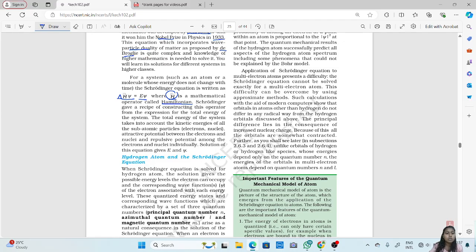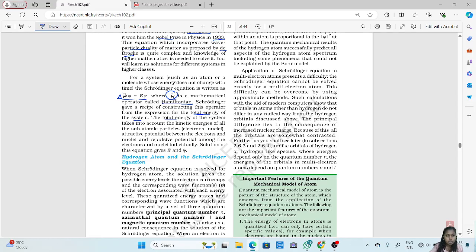Now Schrödinger gave a recipe for constructing this operator from the expression for the total energy of the system. The total energy of the system takes into account the kinetic energy of all the subatomic particles, electrons, nuclei, everything.